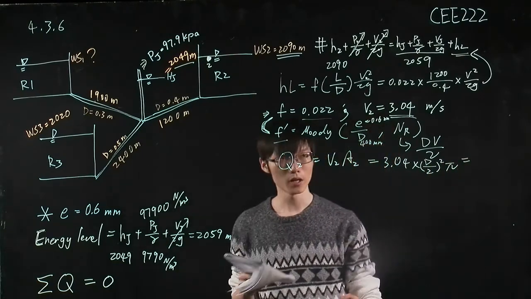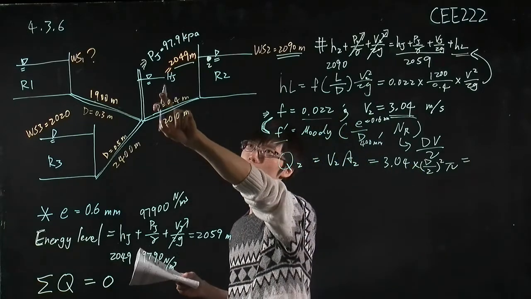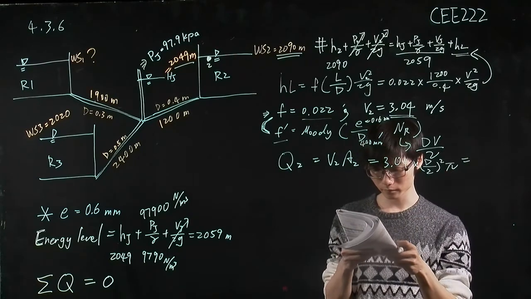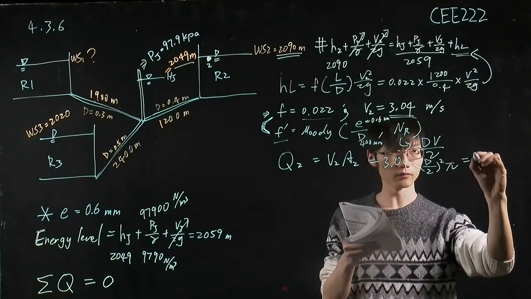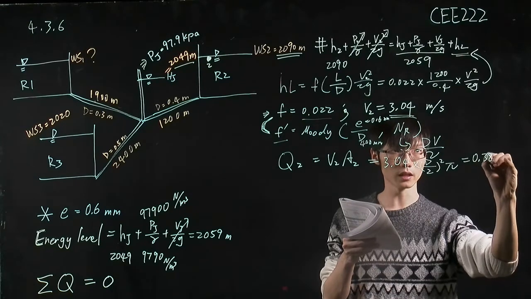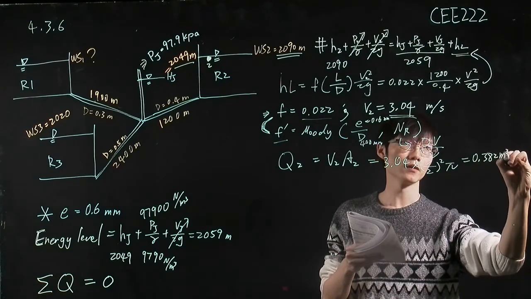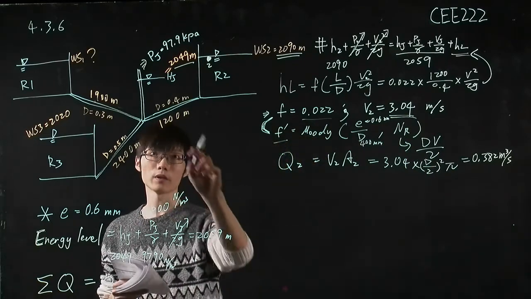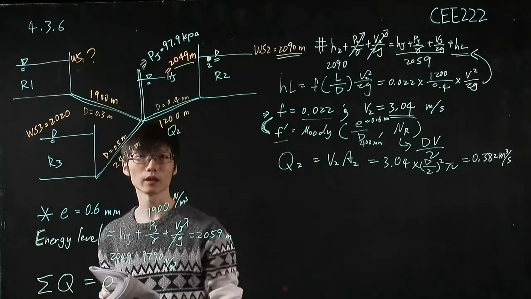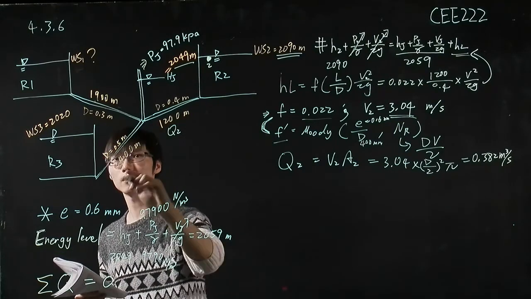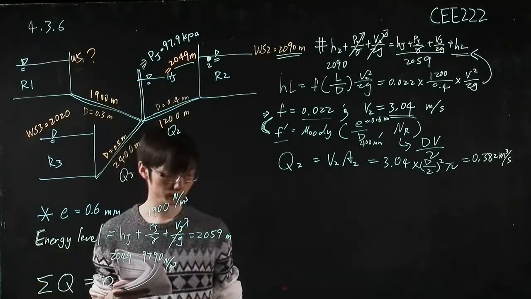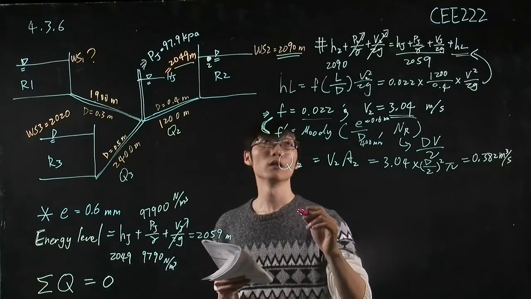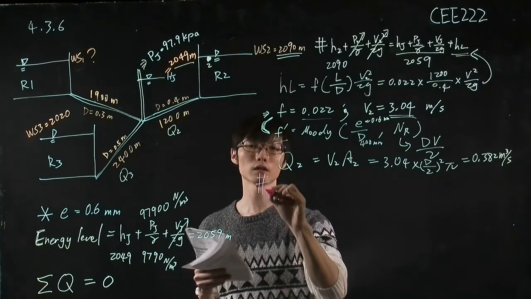You plug this D 0.4 into this equation, then you can calculate the flow rate, which is equal to 0.382 cubic meter per second. Okay, so now we obtain the Q2 here. Then let's calculate the Q3 for this part. And let me change to a different color. So let's calculate.